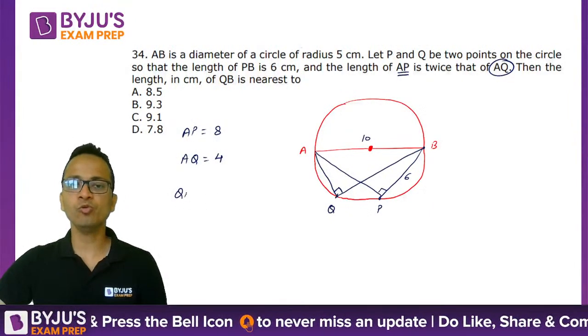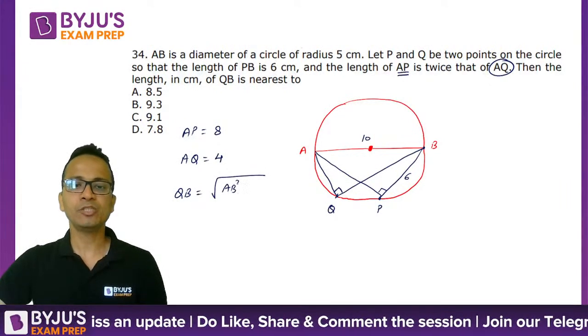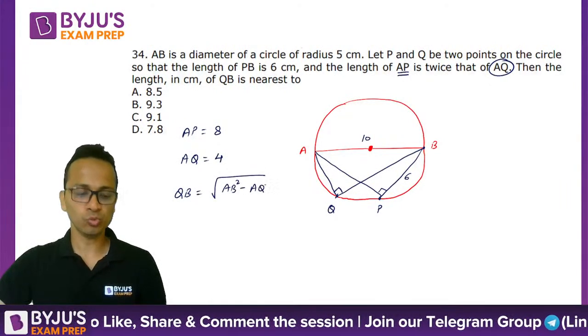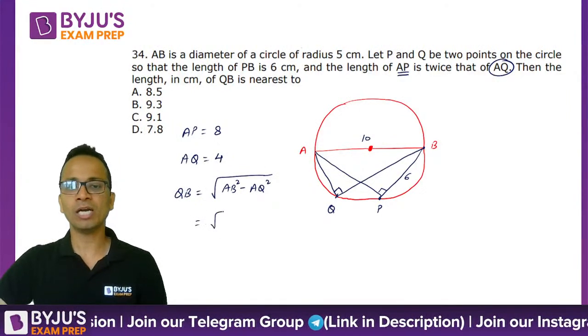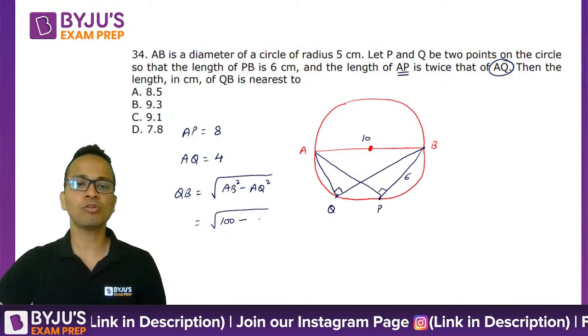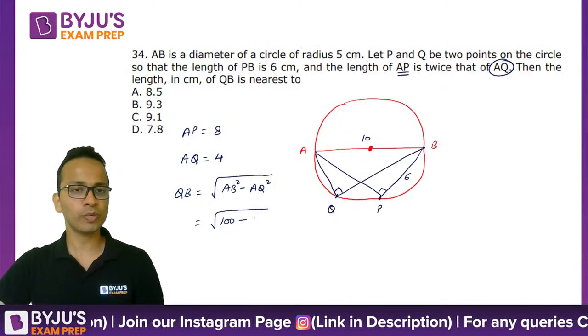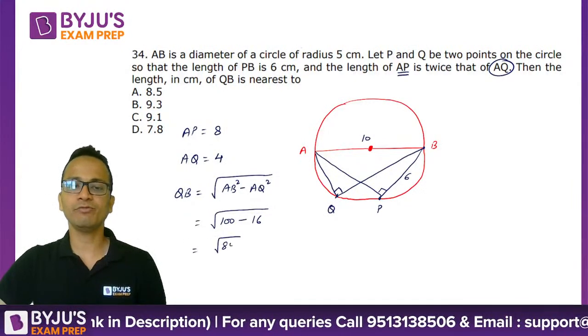So the length of QB will be equal to the square root of AB square minus AQ square. All of you can quickly give me an answer. So the square root of 10 square, that is 100, minus AQ square, that is 16. So the answer will be the square root of 84.